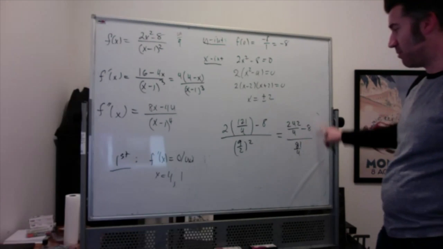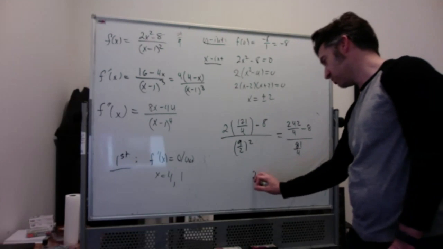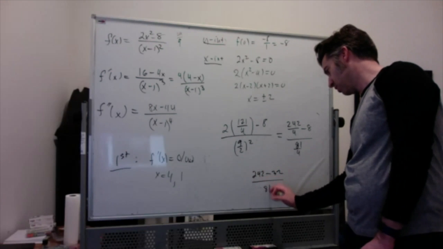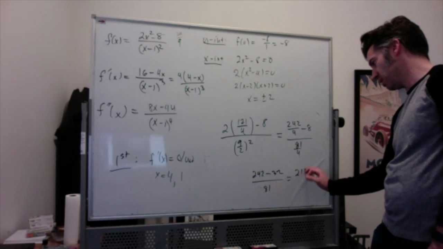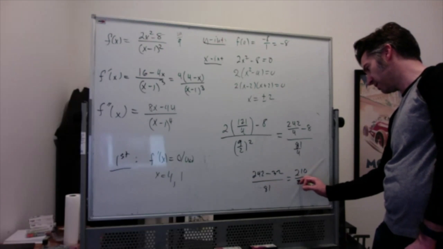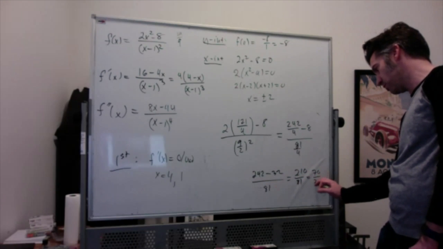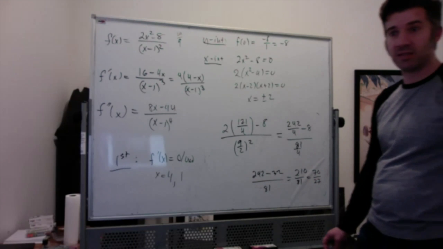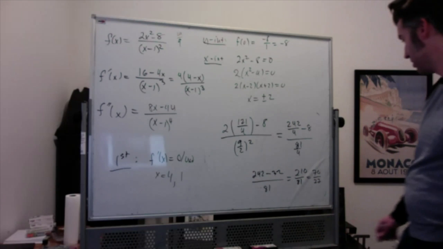And I multiply the top and bottom by 4. So you get 242 minus 32 over 81. And that's going to be 210 over 81, and that's going to be 70 over 27, which is just a little bit smaller than 8/3.